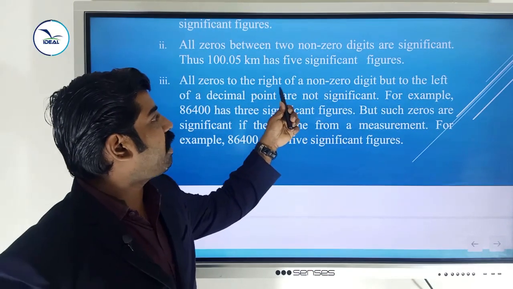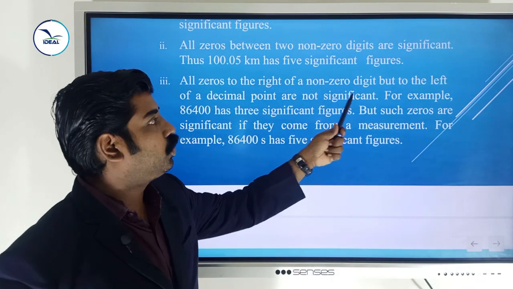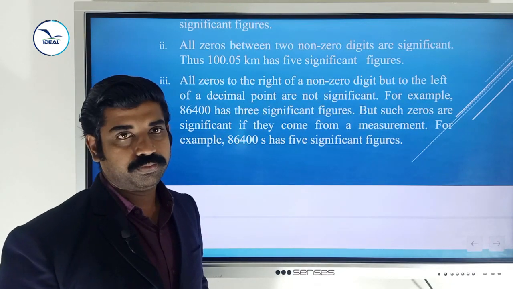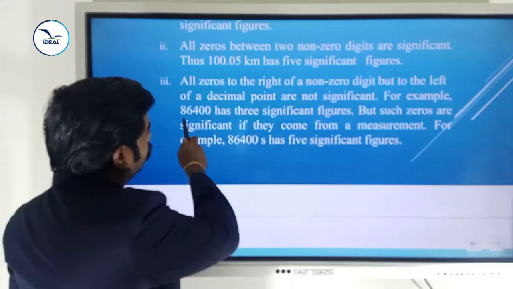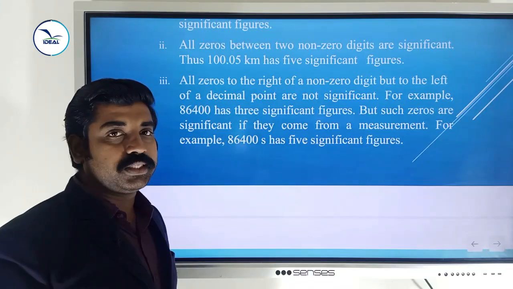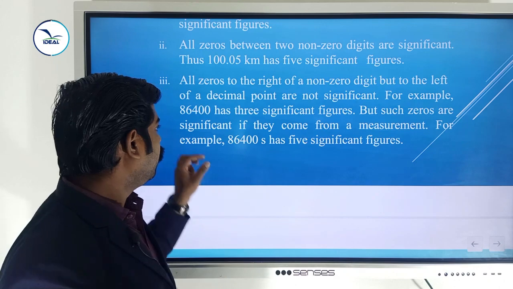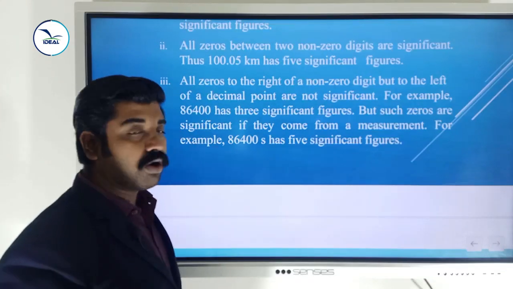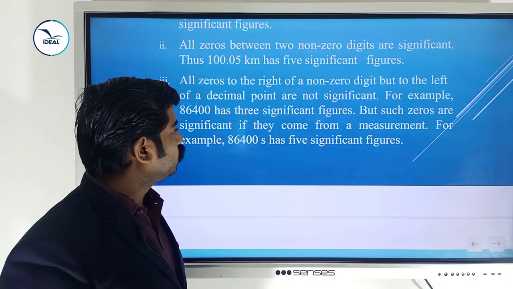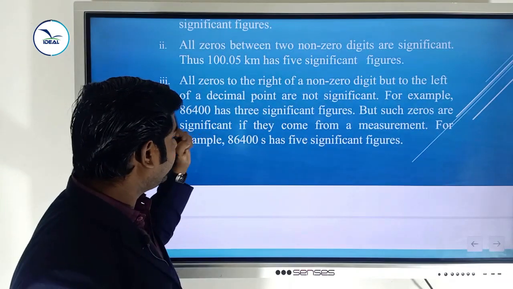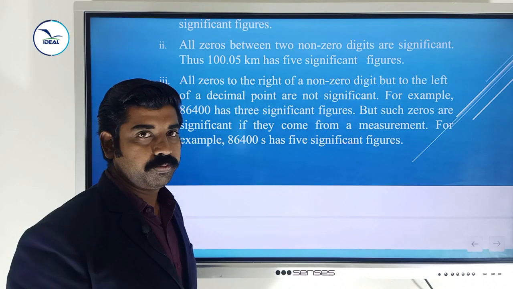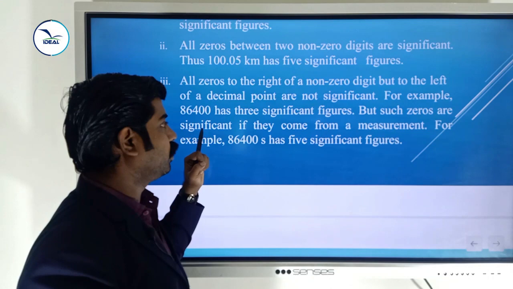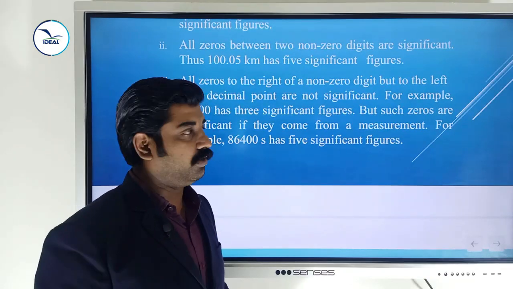All zeros to the right of a non-zero digit but to the left of the decimal point are not significant. For example, 86400. Here 8, 6 and 4 are non-zero digits but the two zeros are not significant. So only these 3 digits are significant. That is the rule. So 86400 has only 3 significant figures.